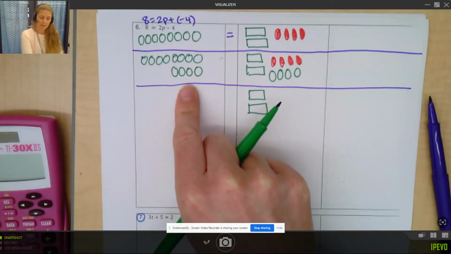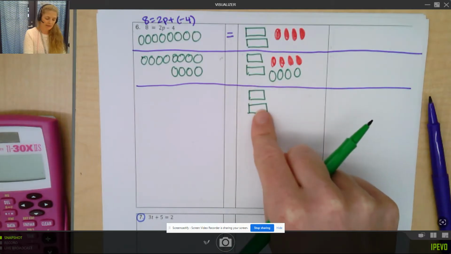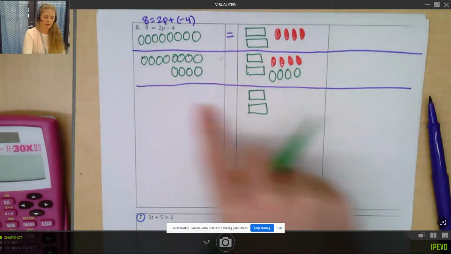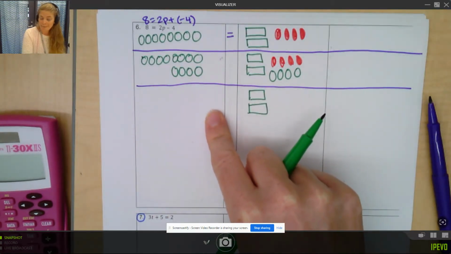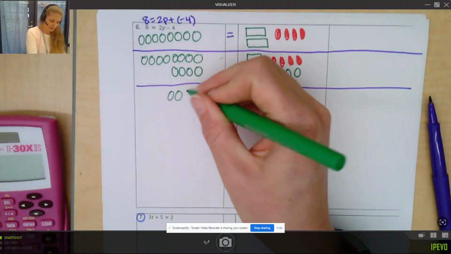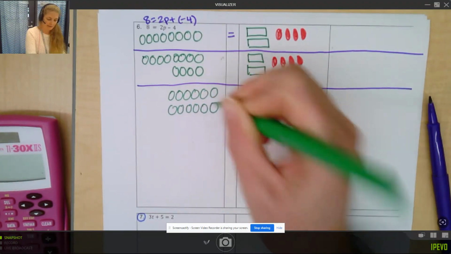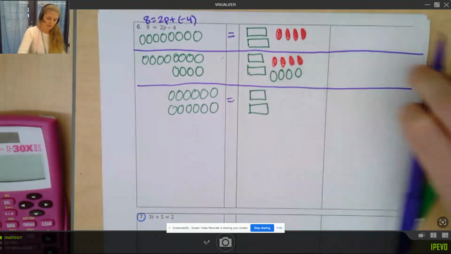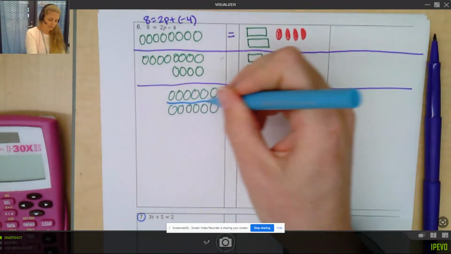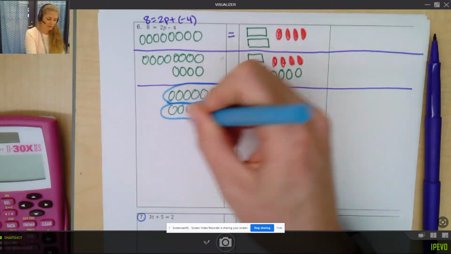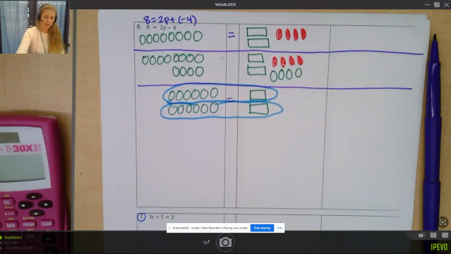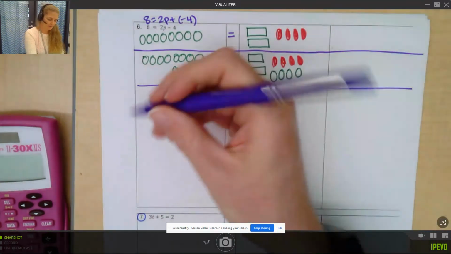Think about what our next step is. Our next step is to get x by itself, so we're going to make this into 2 equal groups. So how many go in each group? That's right, 6 in each group. 1, 2, 3, 4, 5, 6. Set these equal to each other. We're splitting it into 2 equal groups. We're dividing by 2 or multiplying by 1/2.